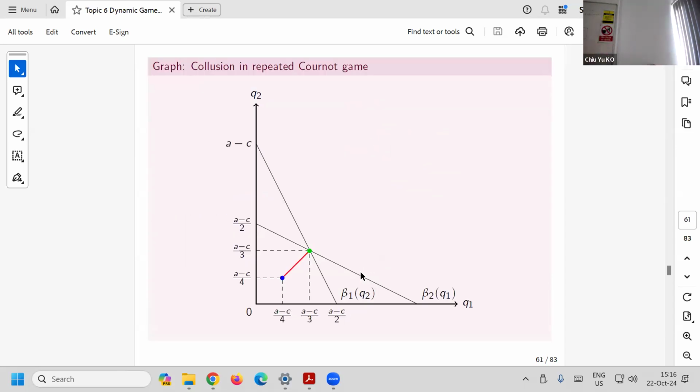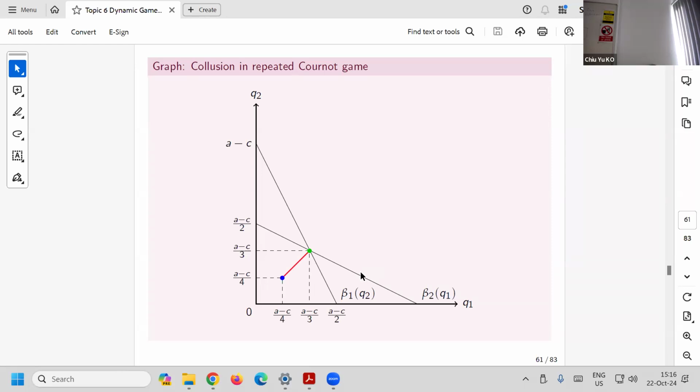In this very last diagram, the green dot is the Cournot outcome, and the blue one is the monopoly share. The red one is how we progress to the green, depending on how patient they are. If they're super patient, it's blue. If they're not patient enough, they move slowly to the green one.